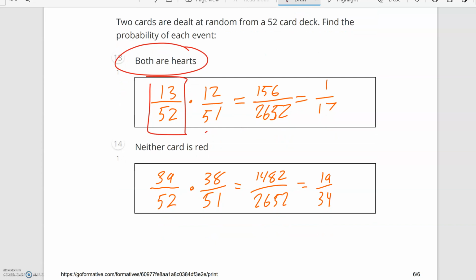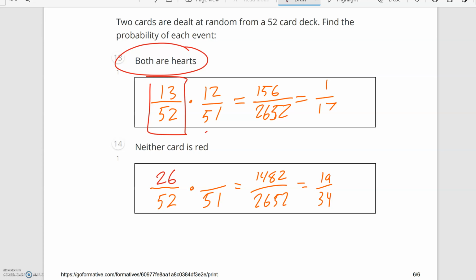Number 14, neither card is red. Actually, let me backtrack on this one really quick. There are 52 cards, which means 26 black and 26 red.